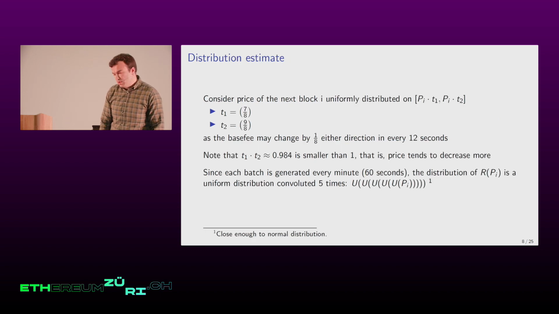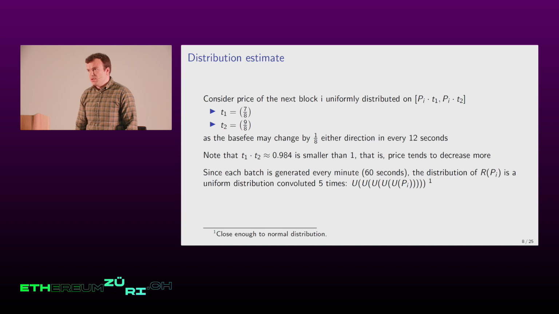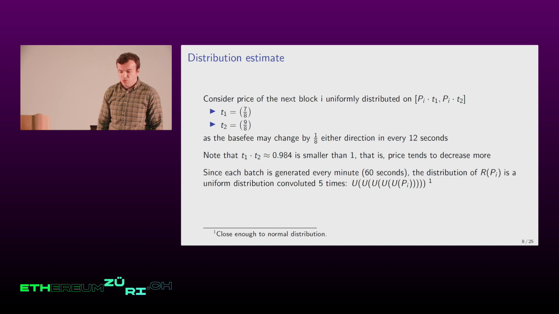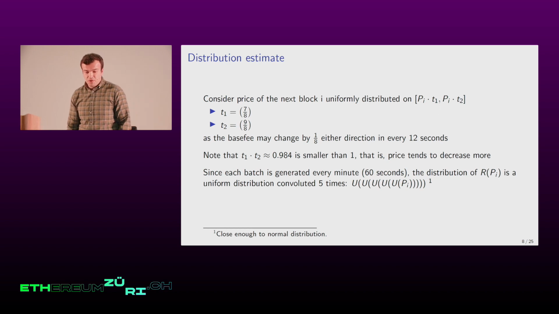Okay, so now what do we think about the gas fee? So first we assumed that it's uniformly distributed on this interval of 7/8 times the price and 9/8 the price, and these constants are coming from the base fee mechanism, this EIP 1559.